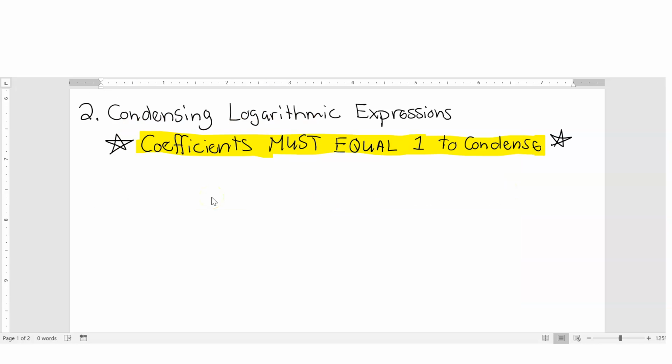When condensing logarithmic expressions, although the product, quotient, and power rules are the same rules we use when expanding logarithmic expressions, there is one extra item you need to keep in mind, and that is the coefficients of your logarithmic terms must equal 1 in order to condense them using those rules. It's not something we have to be concerned about when we expand logarithmic expressions, but it is a difference when you condense. So keep that in mind as you work on these problems.